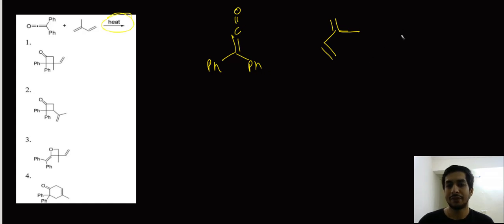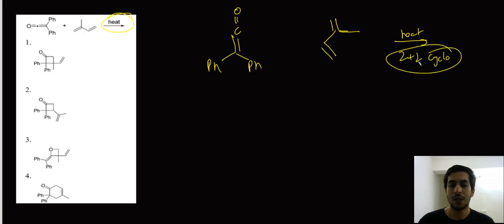Since heat is given, it will be a 2 plus 2 cycloaddition reaction. Okay, 2 plus 2 cycloaddition will take place, and in ketenes, if we go by the electronic effect, this carbon over here is the most electrophilic because it is attached to an oxygen, and also to an sp2 hybridized carbon, right?